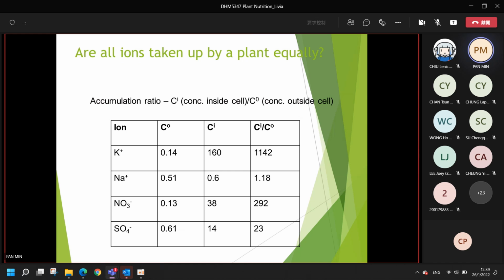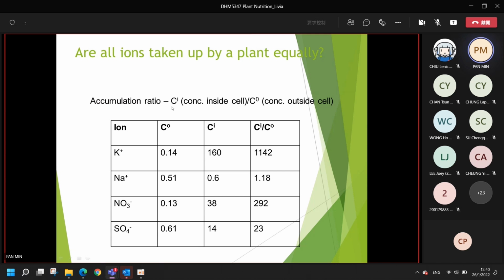And here shows all the ions taken up by the plants, and the preference of the nutrient ions for the cell membrane.